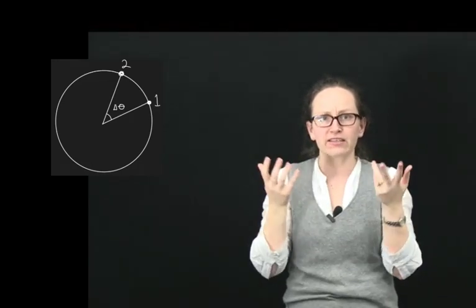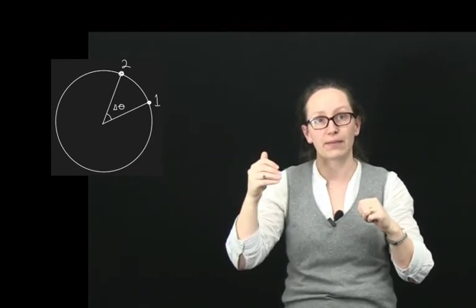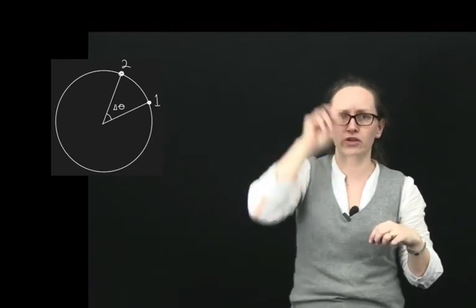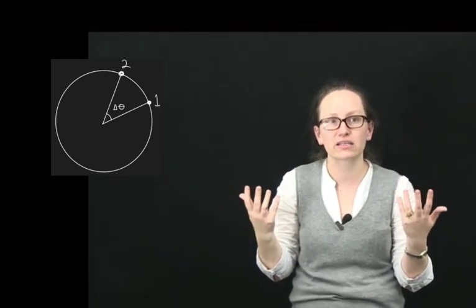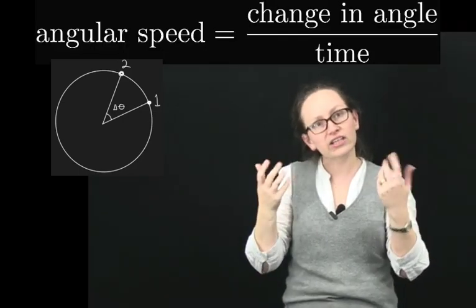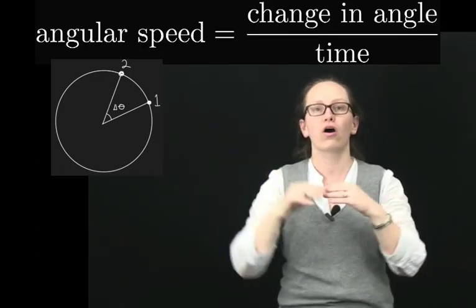Now, we've said that speed is just equal to the distance over the time. For circular motion, we've got a very similar concept. It's called the angular speed. The angular speed is equal to the change in angle over the time. It's generally measured in radians per second.